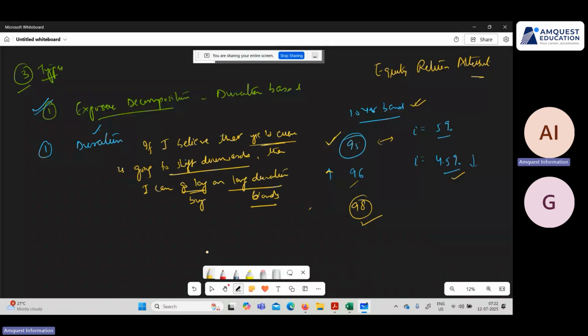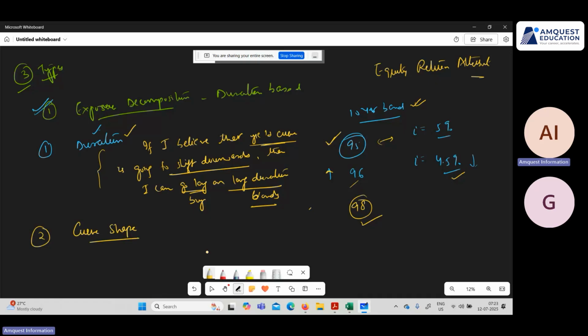Does it make sense? Yes. Another thing is, this is duration. How can I play with duration? This is how I can play with it, and obviously the opposite is also true. So if I think that the yield curve is going to shift upwards, then I go long on short duration bonds.